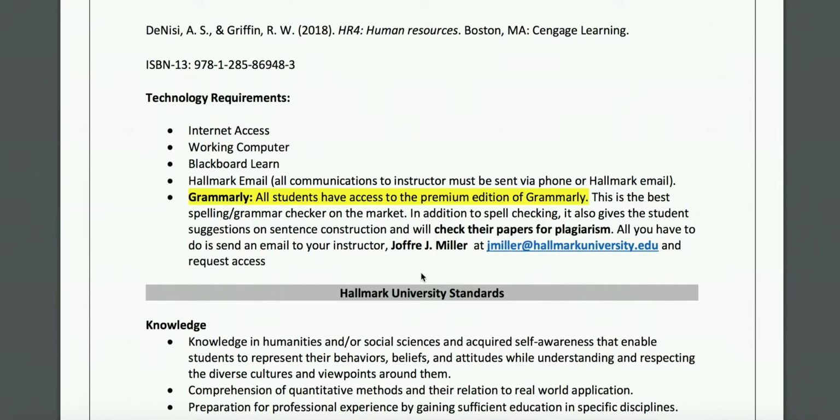And when the discussion question asks for evidence-based research, I'm expecting you to provide some kind of source. It does not have to be an academic journal, but it has to be from a reputable source. If any of you want to know what reputable sources are for the subject of human resource management, we will go over that separately.